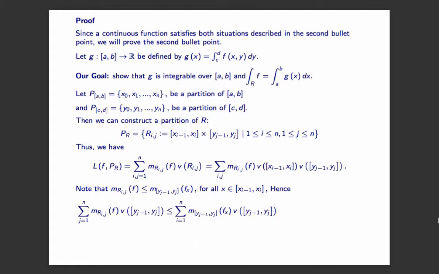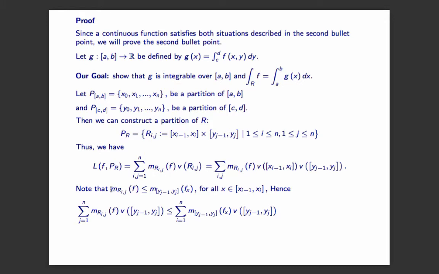Therefore, now I'm going to investigate this sum right here, but I'm going to disregard this part. So if I were to remove this part, I get this sum here.